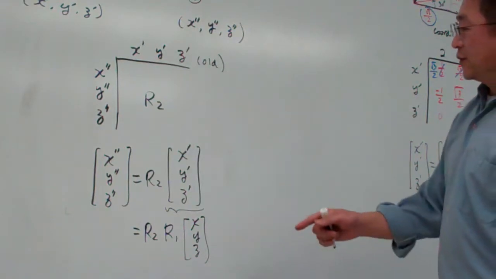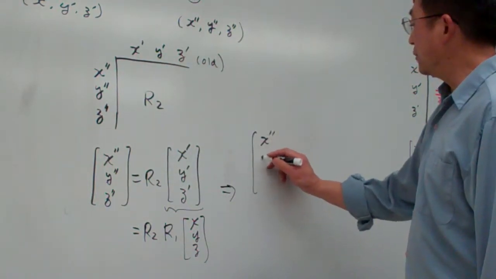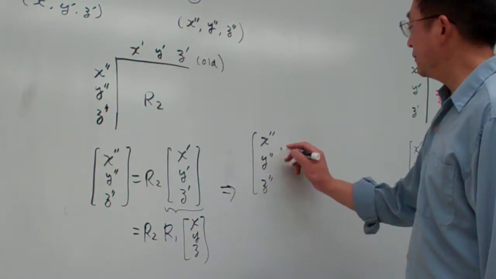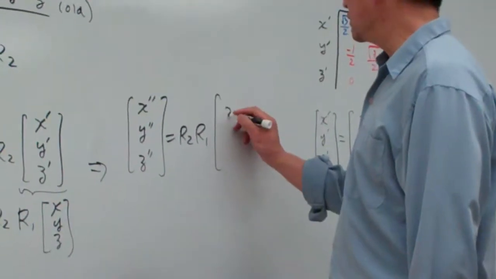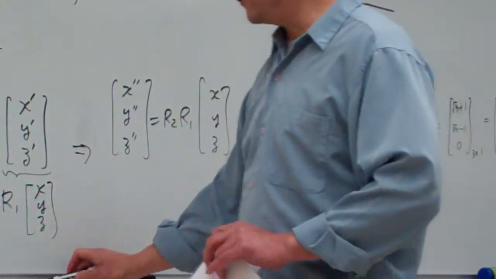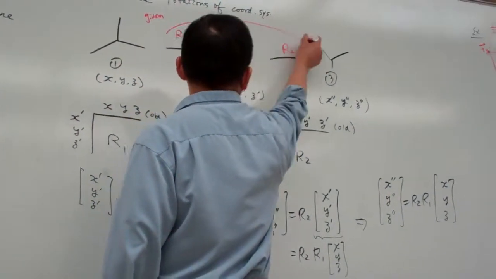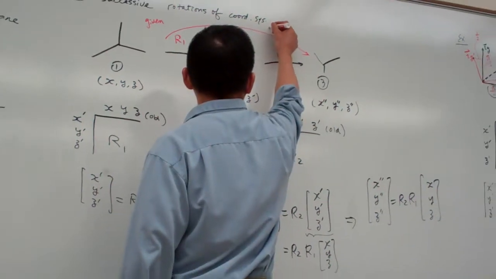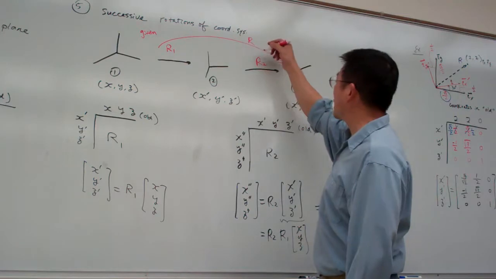So therefore from here you can see x double prime, y double prime, z double prime equal to R2 R1 times x, y, z. Which means if you want to go successively, directly from here to here, basically the rotation matrix for this calculation is R2 R1.